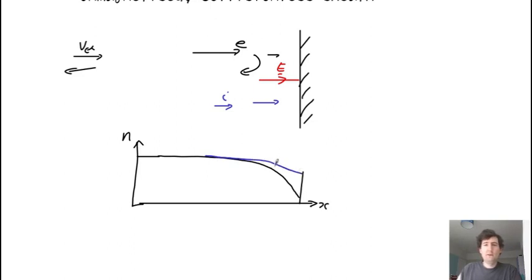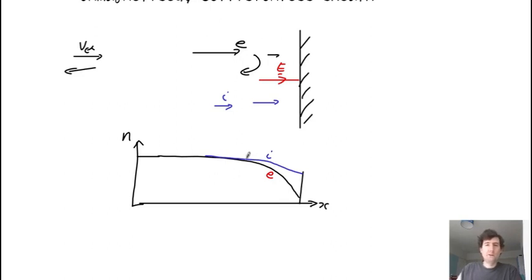In this region these are the ions, and these are the electrons. So we have a positive space charge region here, and the wall is negatively charged relative to the plasma. There's an electric field, and the potential is increasing in this region here.